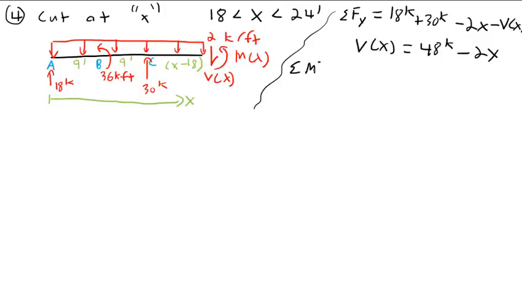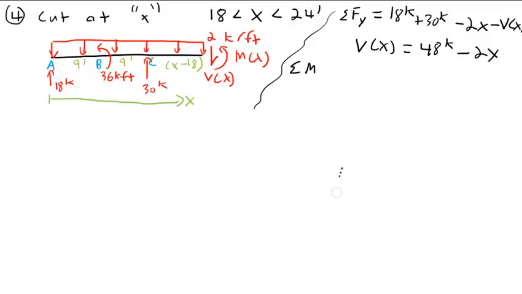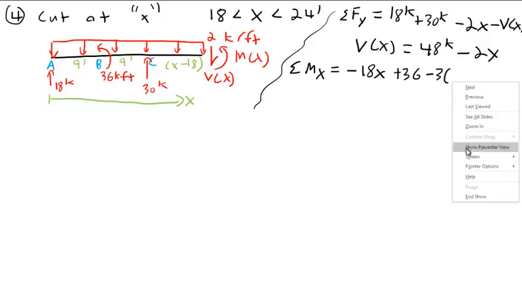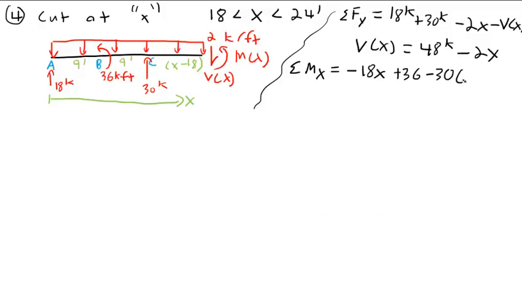So we have that. And then sum of moments about x. Sum of moments about x is negative 18x. That's the moment generated by the reaction over here, about point x, plus 36 from the point moment, minus 30 times x minus 18.